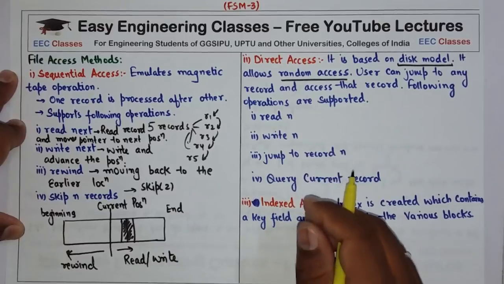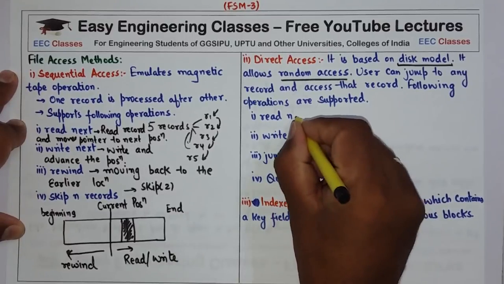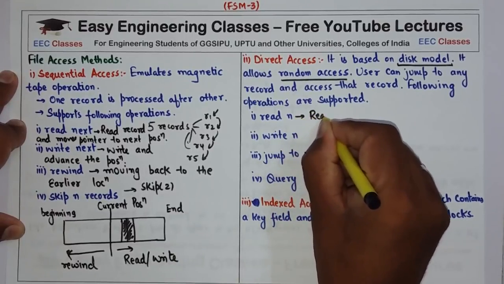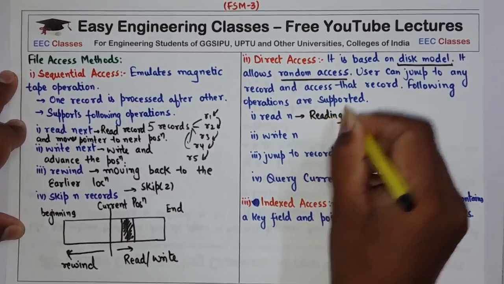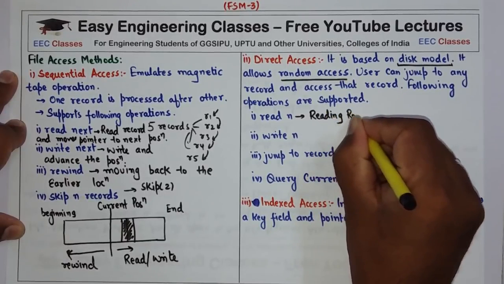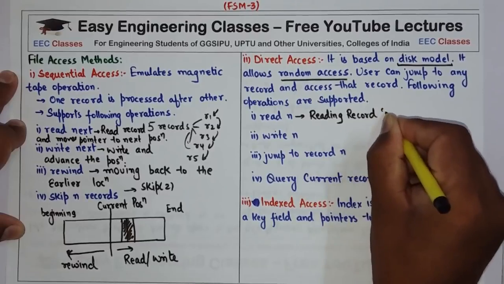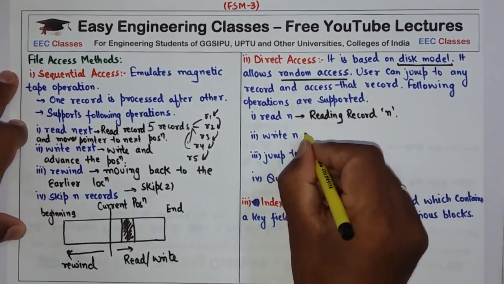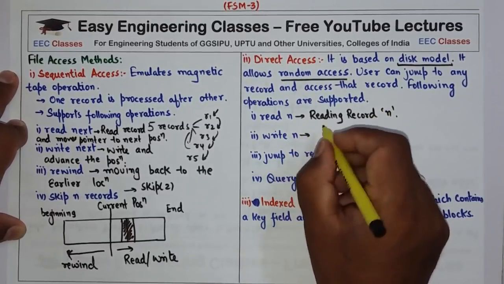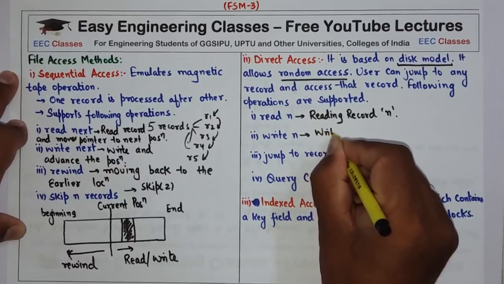Now following operations are supported. Read n means reading record number n. Then write n means writing record number n.